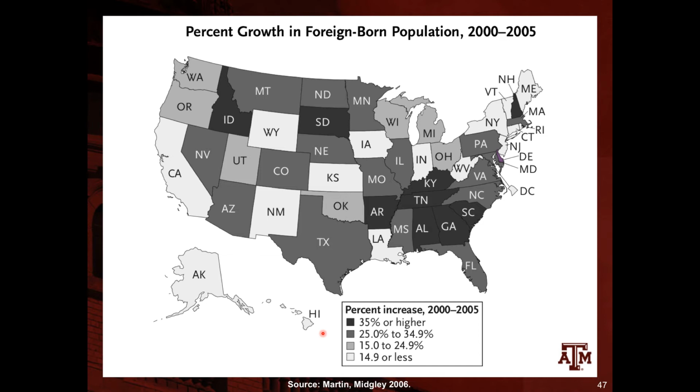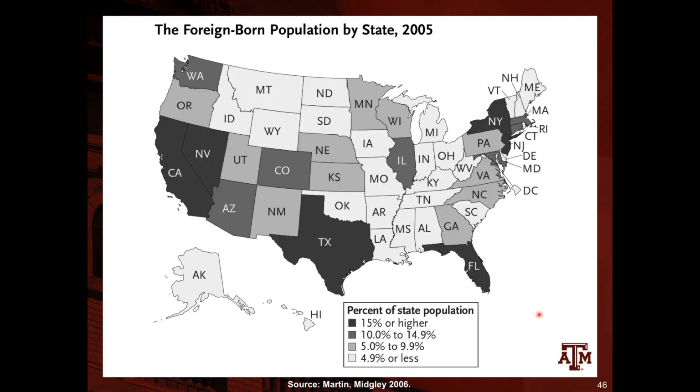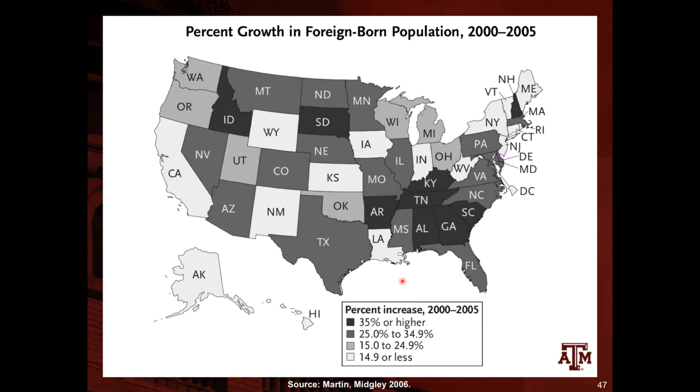So exactly because they have a lower percentage, as we saw in the previous graph, like states located in the southern US, when they increase a little bit, we see this high percentage increase between 2000 and 2005. So it's important to see the previous map in conjunction with this map to see that exactly those states that have a lower percentage of foreign-born population considering the state population have been increasing their share of foreign-born population a lot in these recent years.